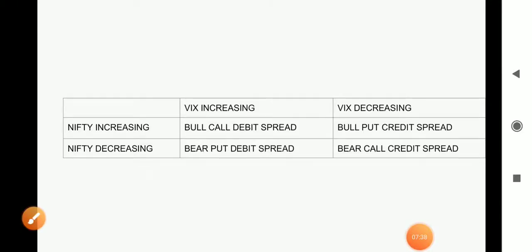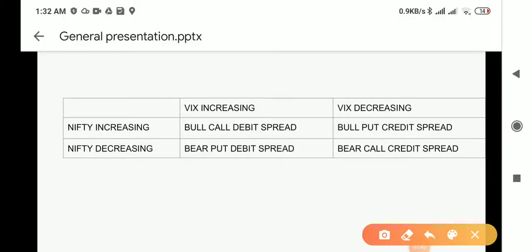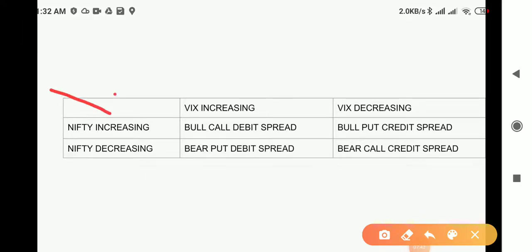So we will go back to our grid. We will see. NIFTY is in increasing mode, VIX is in decreasing mode. So we need to execute bull put credit spread.